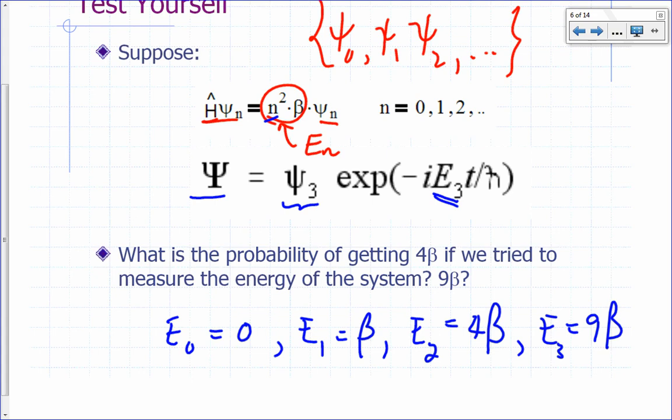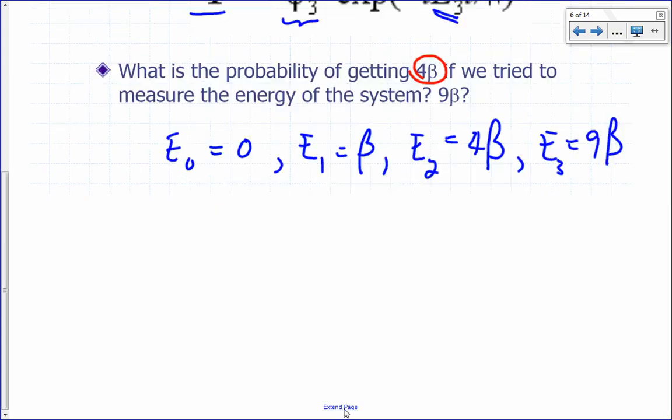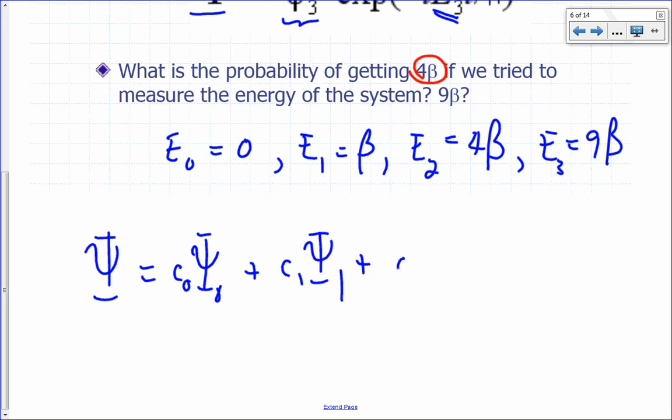So if we were to try to measure the energy of this system, what is the probability that we're going to get 4 beta? You remember from our earlier postulates, what is our psi in general? C0 psi 0 plus C1 psi 1 plus C2 psi 2 plus and so on and so forth, right?